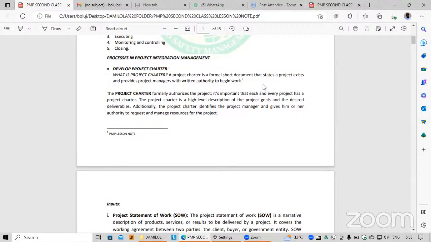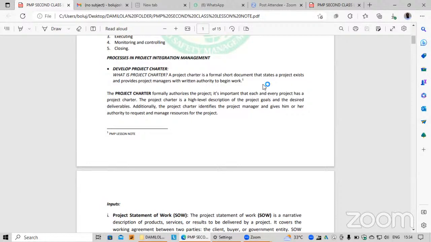So the first duty of the project integration manager is to develop the project charter. Yes, it is your duty to develop the project charter. And we've spoken extensively on what a project charter is. It is the duty of a project manager functioning in the capacity of the project integration manager to develop the project charter.